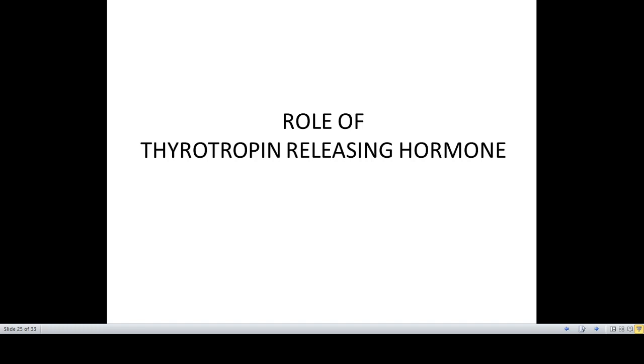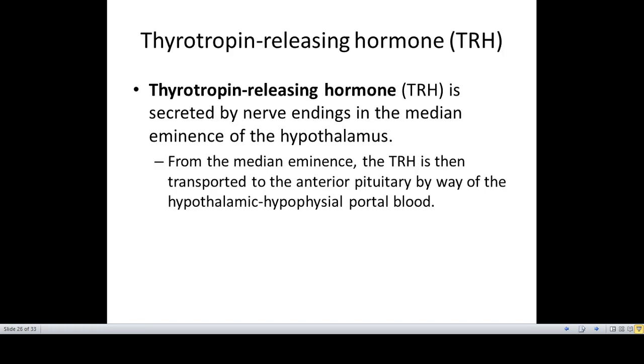As we just mentioned, the thyrotropin releasing hormone is secreted by nerve endings in the median eminence of the hypothalamus. From the median eminence, it is then transported to the anterior pituitary gland by way of the hypothalamic-hypophysial portal blood system.